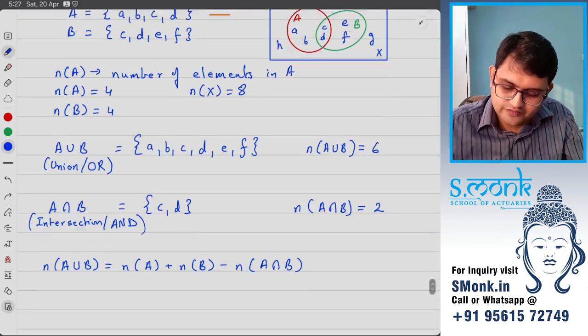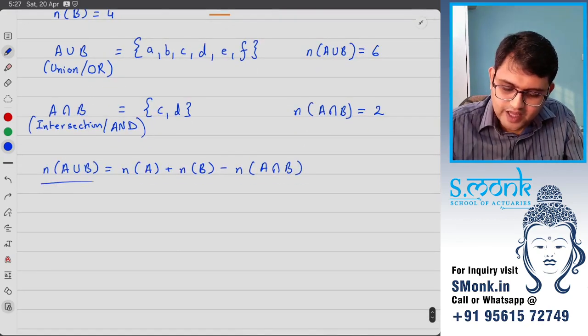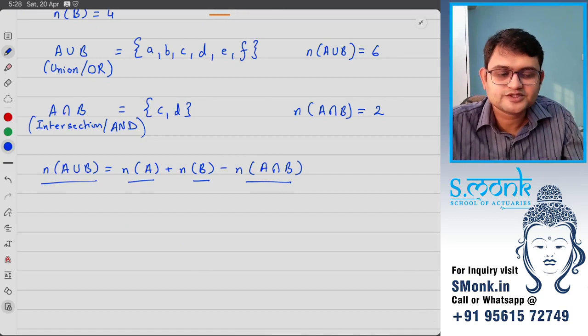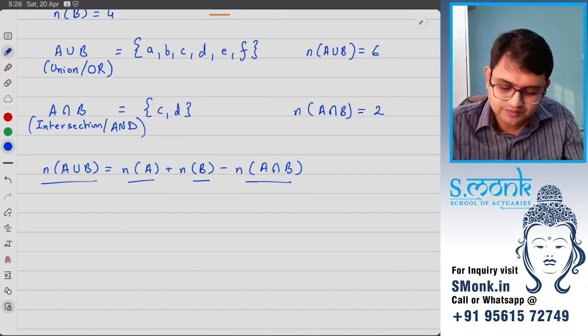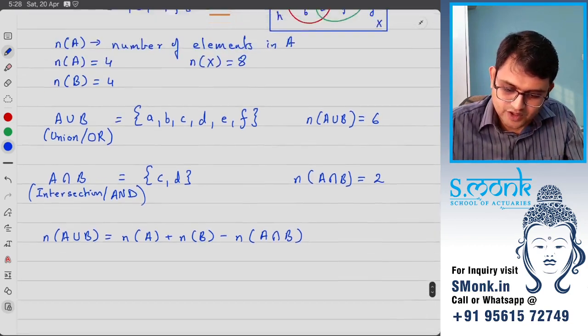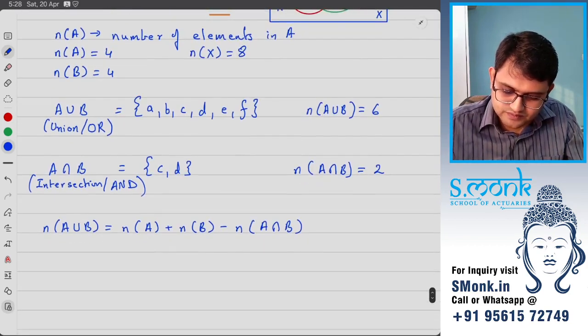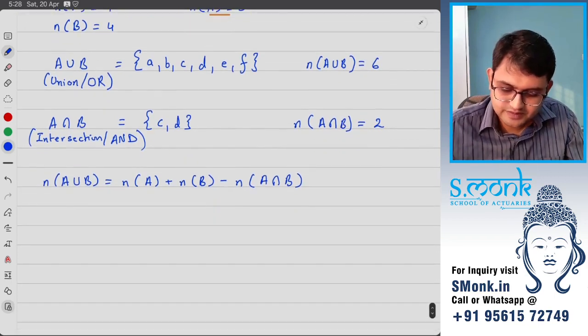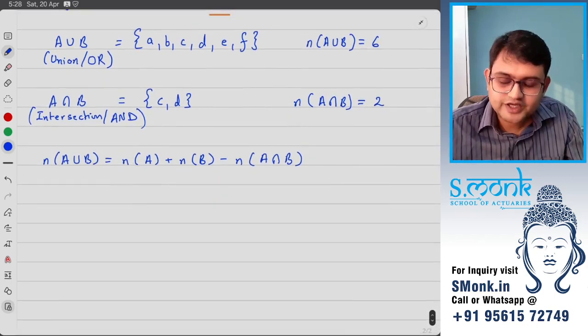So the formula we'll make is the number of elements in A union B is the number in A plus the number in B minus the number in A intersection B. Is that clear?